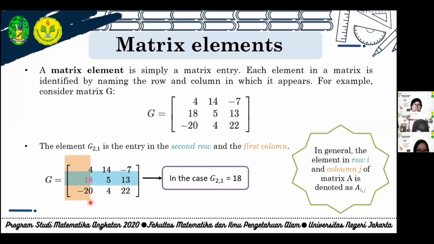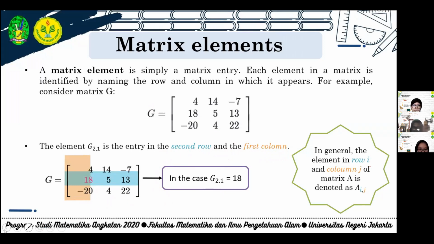The element D 2,1 is the entry in the second row and the first column. In this case D 2,1 is 18. In general, the element in row i and column j of a matrix A is denoted as A i,j.